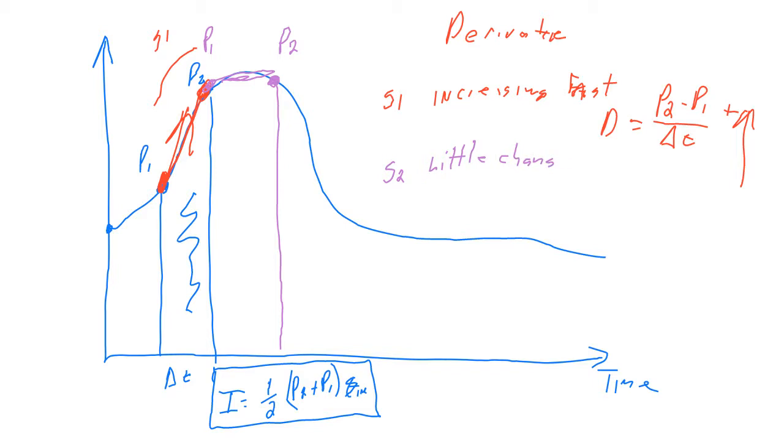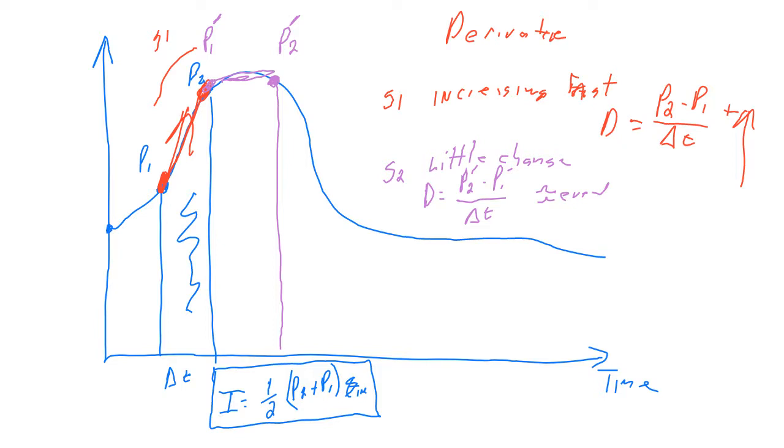We would calculate that, and let me just mark these with a prime here. This derivative at this point in time would be power 2 prime minus power 1 prime divided by the delta t. We'll say it's about even. It's not changing very much at all. Might have gone up a little bit.